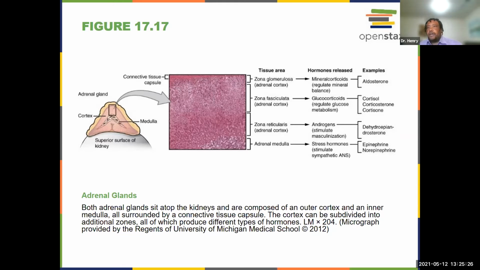Okay, so this is the adrenal gland. Okay, so we know that this guy is going to be responsible for it. It sits on top of the kidney, right? And it's responsible for the production of epinephrine and norepinephrine.